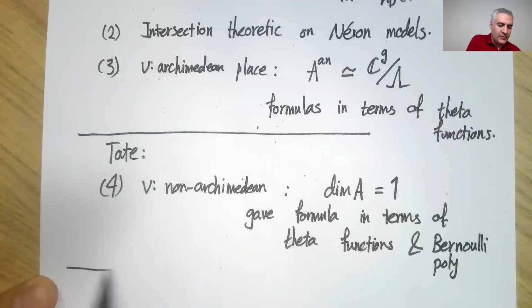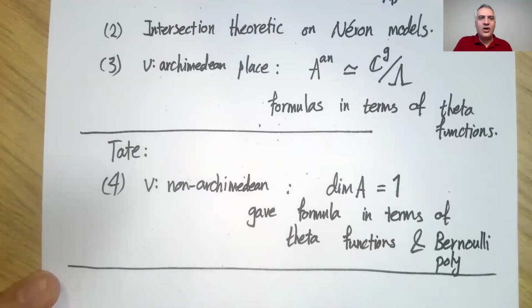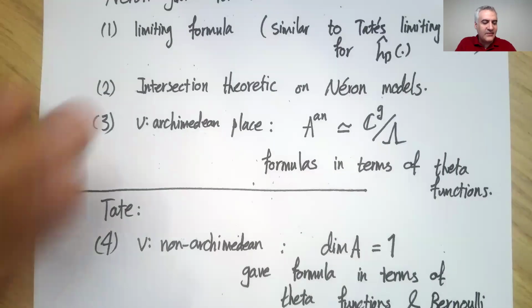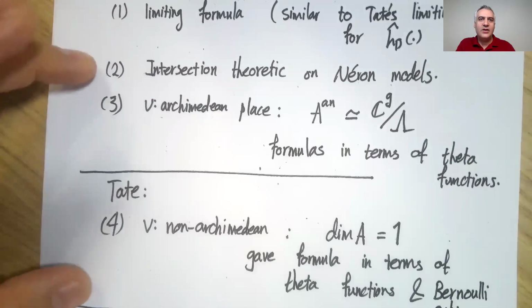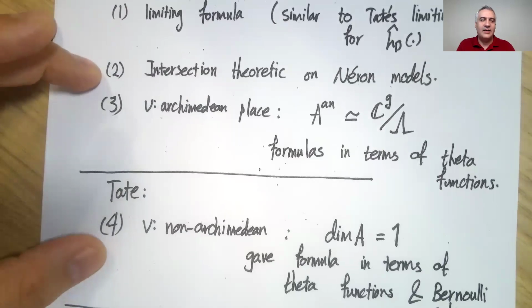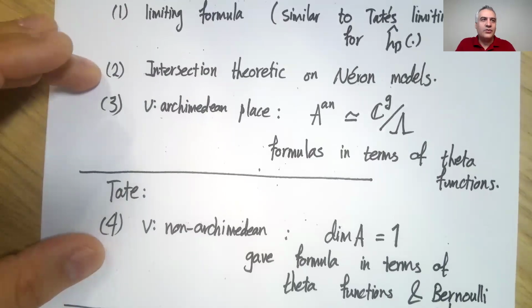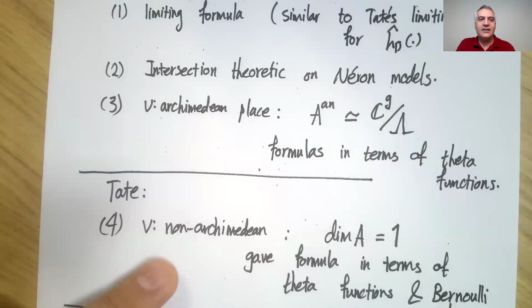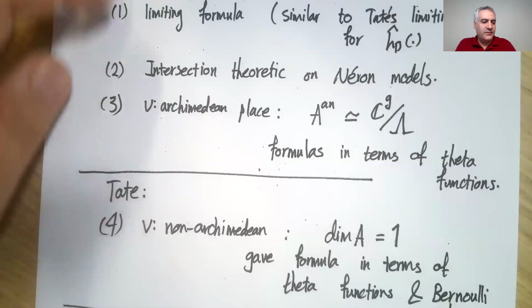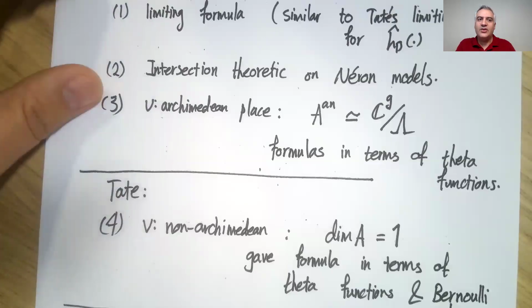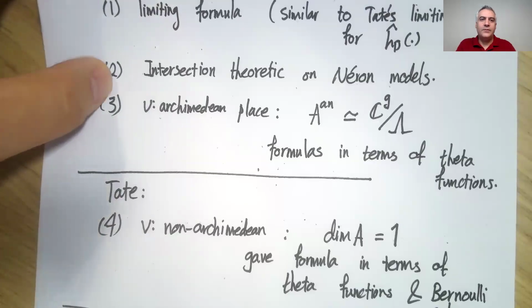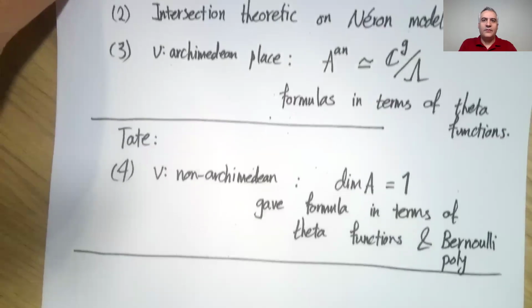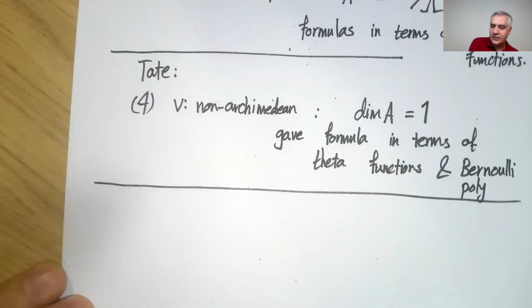So maybe now I can advertise. My talk will be, I'm not giving details of these things, but my talk will be giving the context and geometry of what's going on for 2 through 4. And in particular, we extend Tate's formula to every dimension. Okay, so that's sort of a snapshot of what's to come.